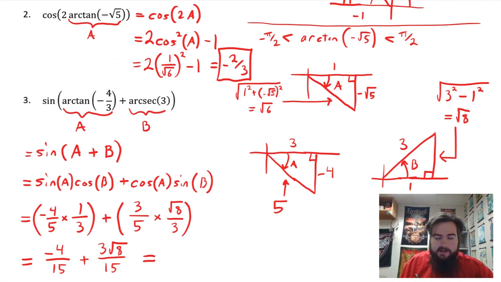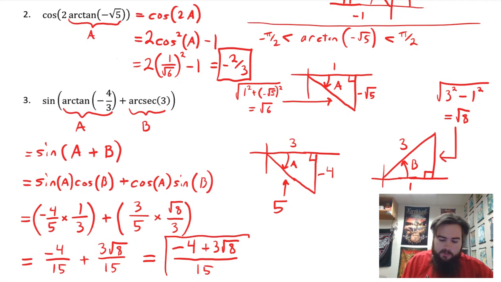That way, I can combine this into one fraction. Negative 4 plus 3 square root of 8 all over 15. And that would be my final answer. Or I guess negative 4 plus 6 square root of 2 divided by 15 if you simplified earlier.